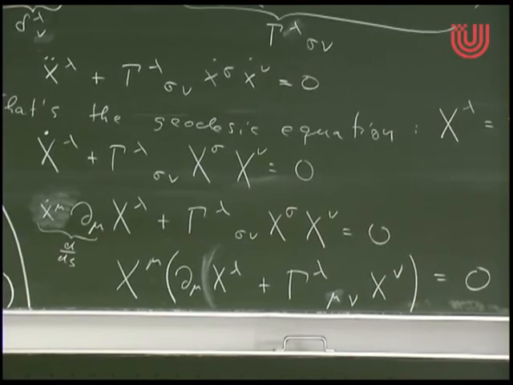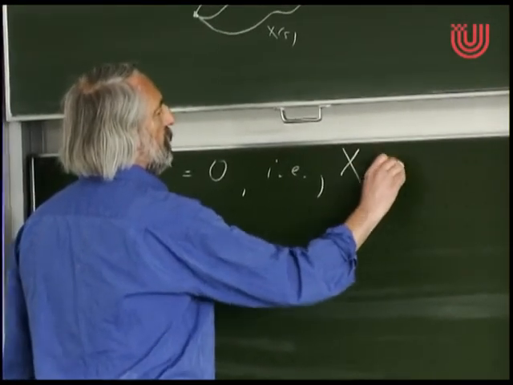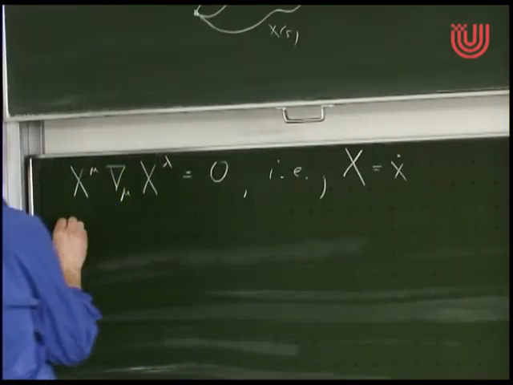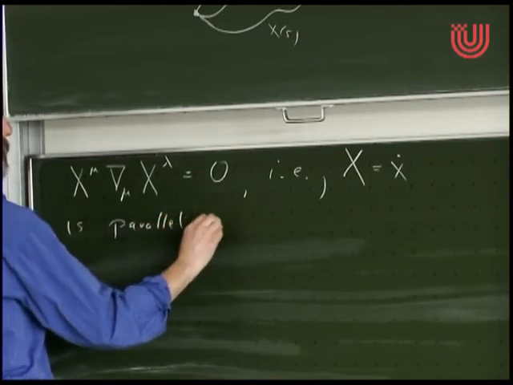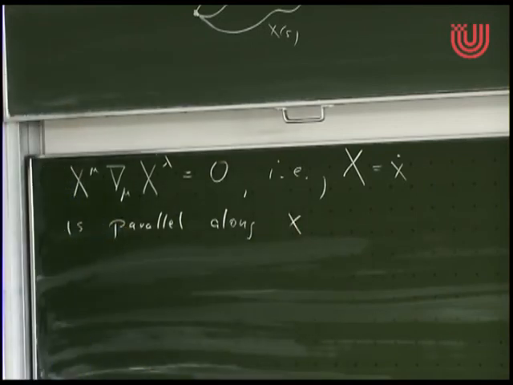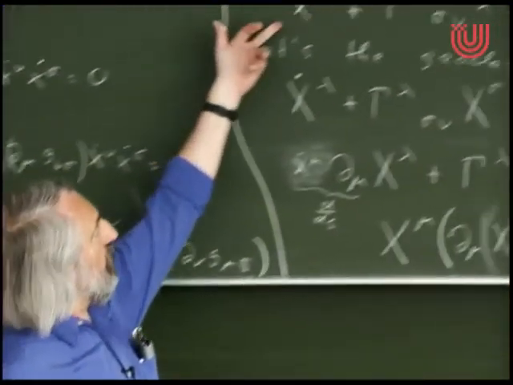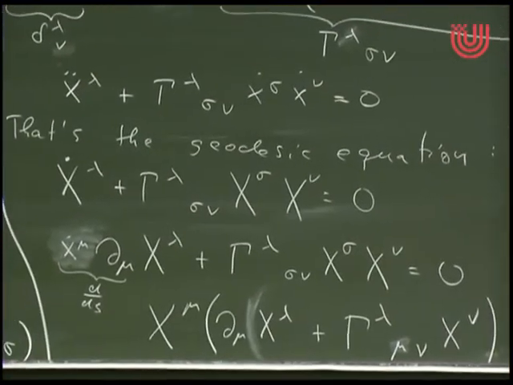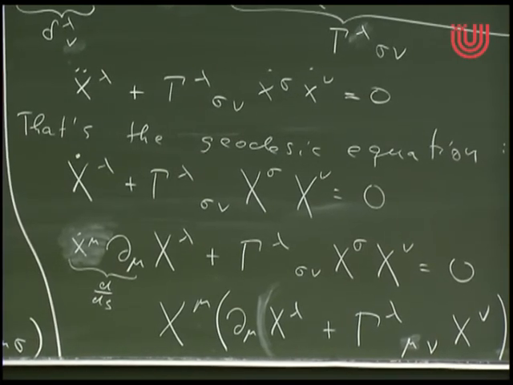So this means that X, which is the same as x dot, is parallel along the curve, which is given by this little x. So that's the way in which the geodesic equation comes out in this coordinate language. This means that little x dot is parallel along the curve.